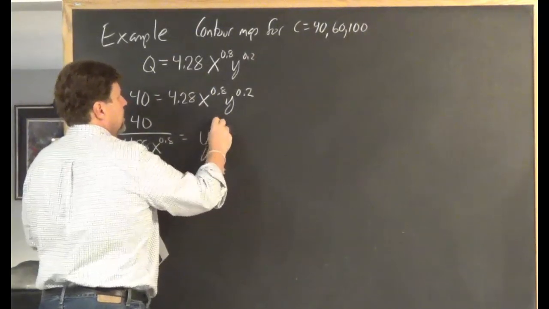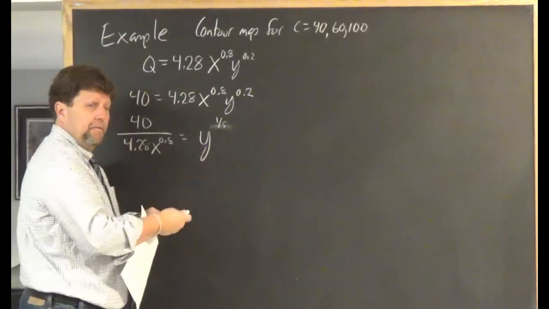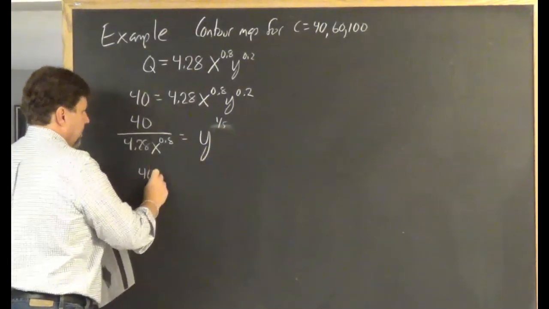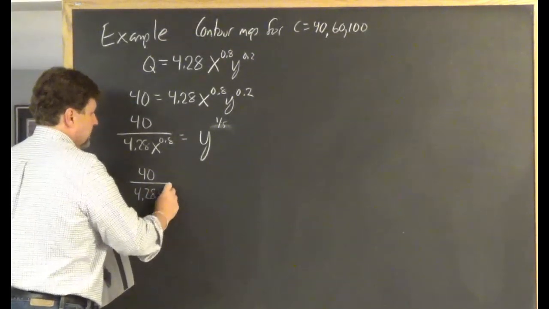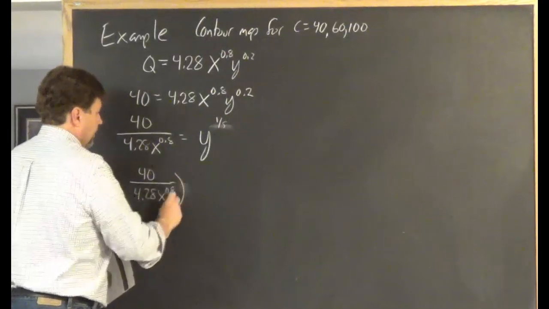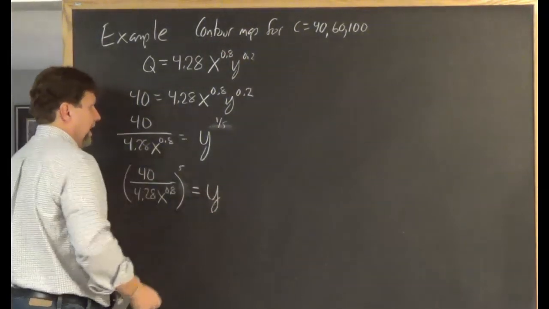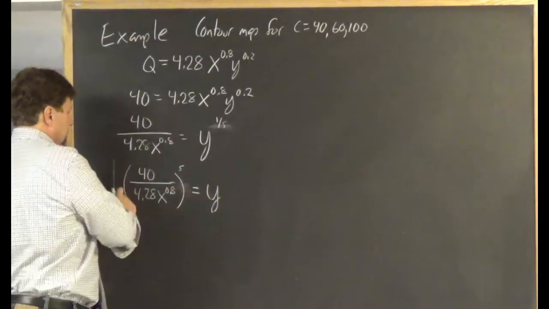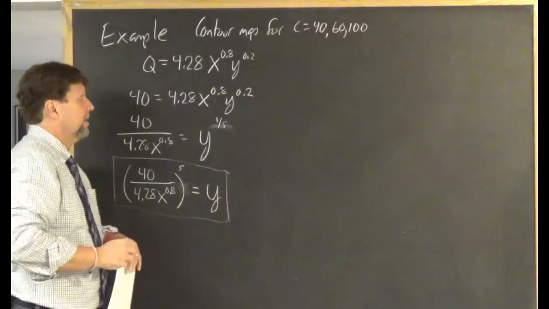So I'll change that to 1/5, and you raise both sides to the 5th power to get 40 over 4.28 x to the 0.8, all of that to the 5th power, is equal to y. That's what I will graph. That's what I will put into y1.